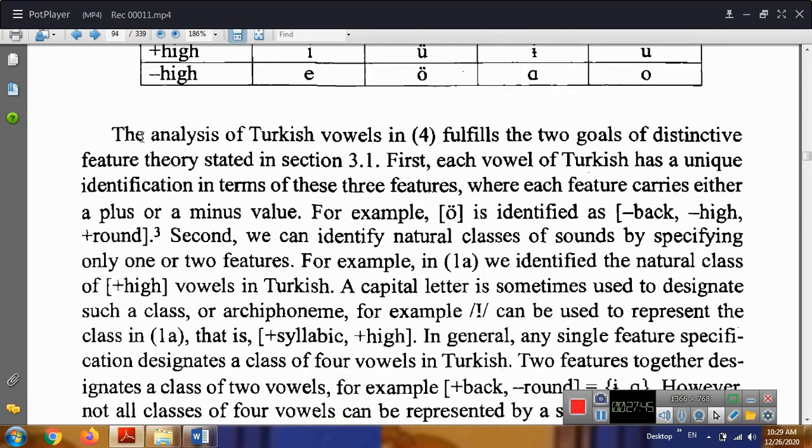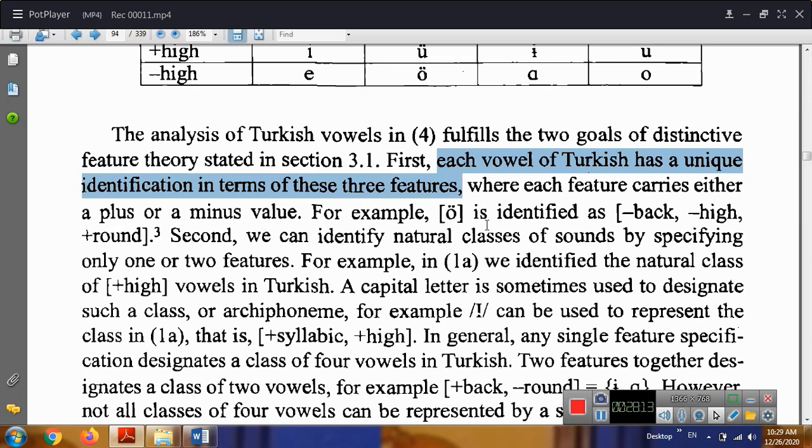The analysis of Turkish vowels fulfills the two goals of distinctive feature series stated in section 3.1. First, each vowel of Turkish has a unique identification in terms of these three features. Okay, I show it to you, where each feature carries either a plus or minus value.